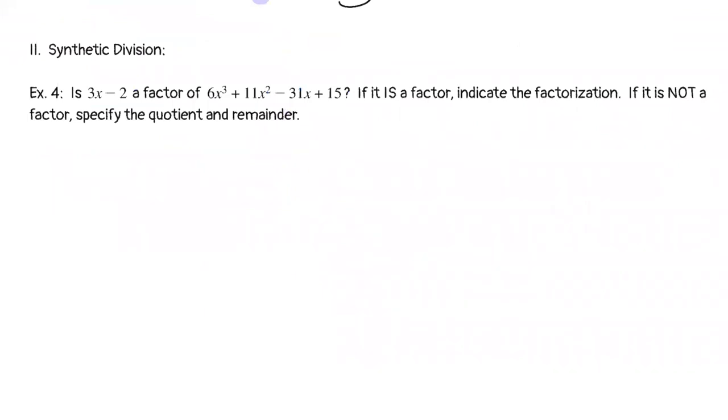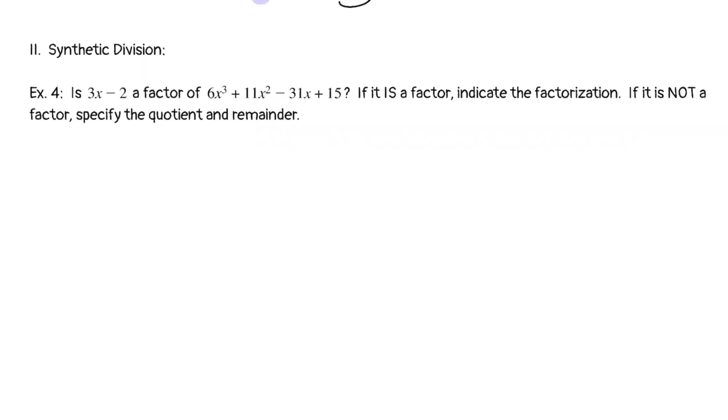I'm intentionally layering on the language here. I want us to be able to read these complicated looking words and make sure we know what they mean. So the question is, is 3x minus 2 a factor of 6x cubed plus 11x squared minus 31x plus 15? We already know that answer is no.